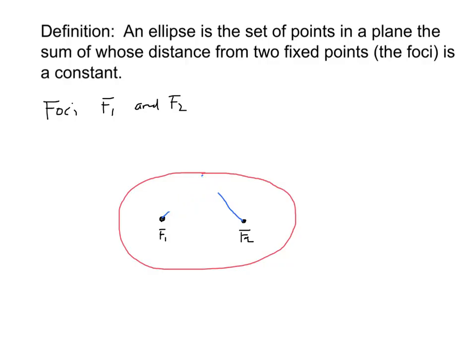So for instance, let's get rid of these lines and redraw to see what's going on with the distance here. If I take a point over here on the ellipse, the sum of this distance plus this distance should be the same as the sum of this distance plus this distance. So that's how we know these are the points on the ellipse. Okay, and so that's true for all of the ones going across there.